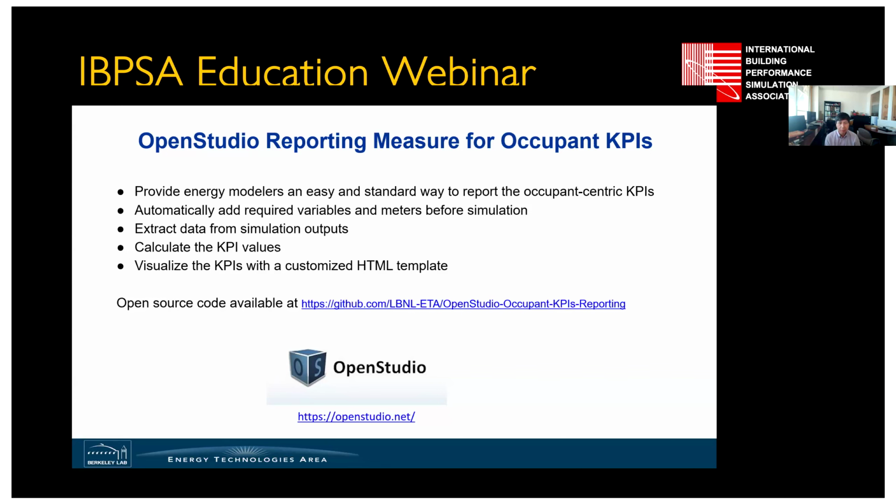We developed these measures to help you ensure you have the right output variables incorporated in the EnergyPlus model, and then it takes the output from the EnergyPlus simulation and does the post-processing to calculate those KPIs. There's also a nice visualization of the KPIs in a web HTML page. So feel free to look at the link, give it a try and provide us feedback.